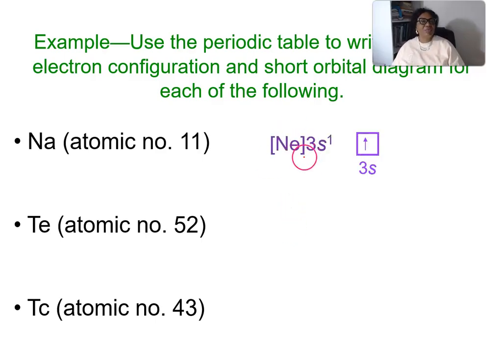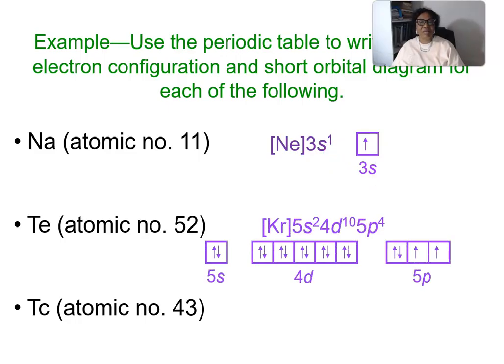So this is a short form because neon is a noble gas before sodium. You write it in the bracket to show that the core is neon. It must be a noble gas. Then 3s. Then the valence electron is just one box spin up.